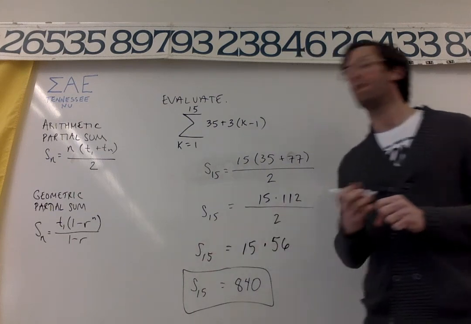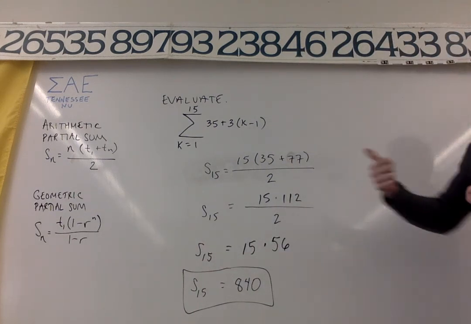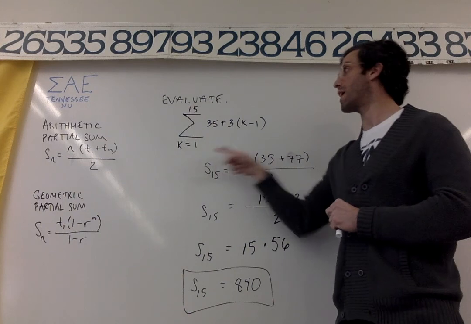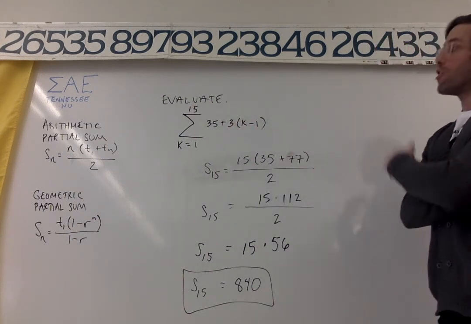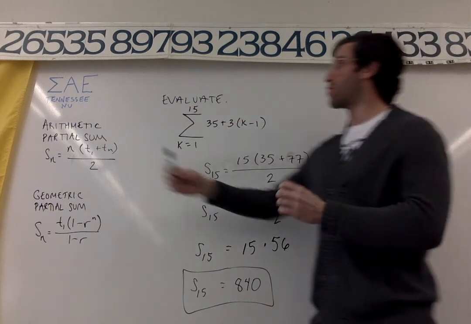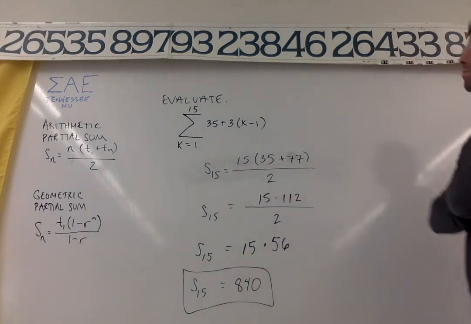So the purpose of this one example was to introduce you to the new notation, sigma notation, and also to introduce you to the arithmetic partial sum formula. So we've done that.